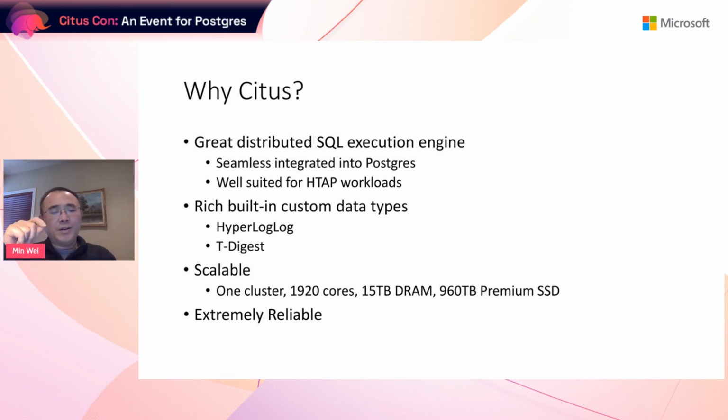Reliability cannot be overstated, because it's very important. I have one Citus cluster on Azure VMs that has been running for months, so uptime is measured in months. I think this is essential, especially if you want to support a very important business.